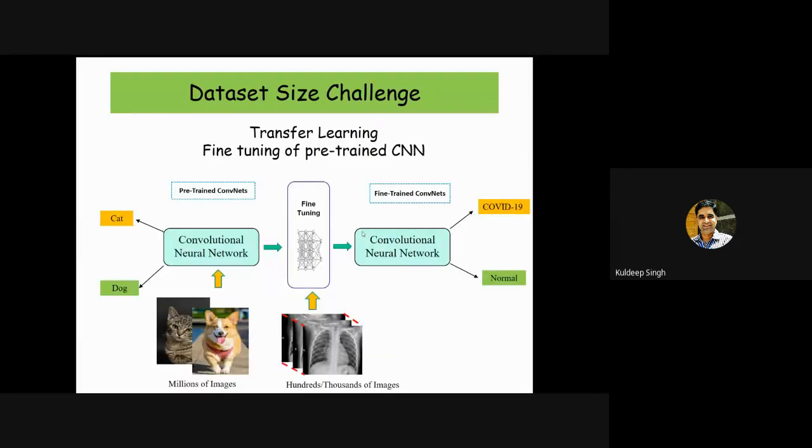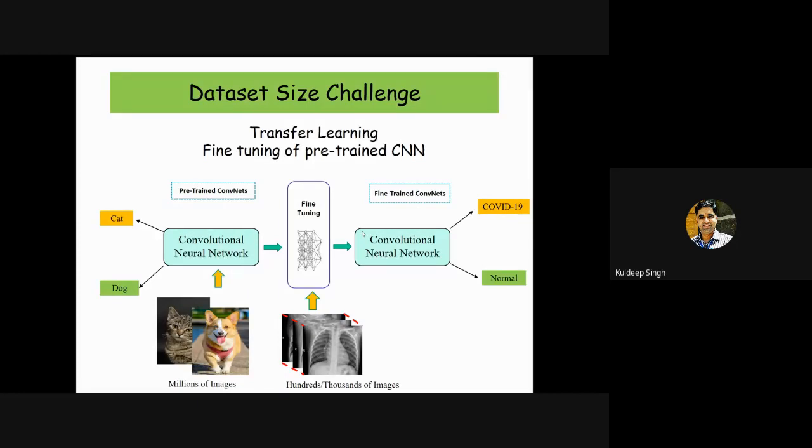One of the major inherent challenges while building deep learning based models is the data size challenge. As you are aware, it's very difficult to sample data sets for medical imaging. Also you will have scarcity of images for the minority class.